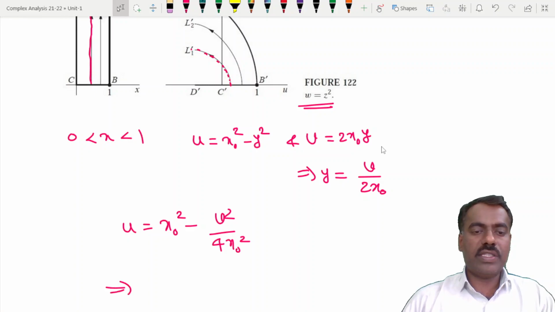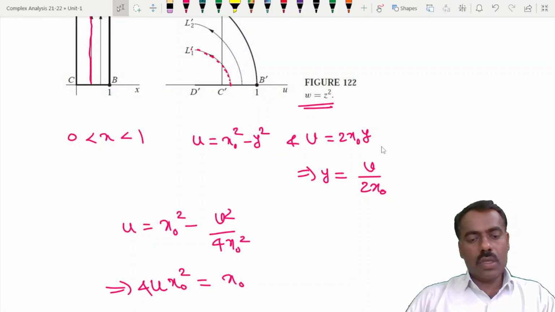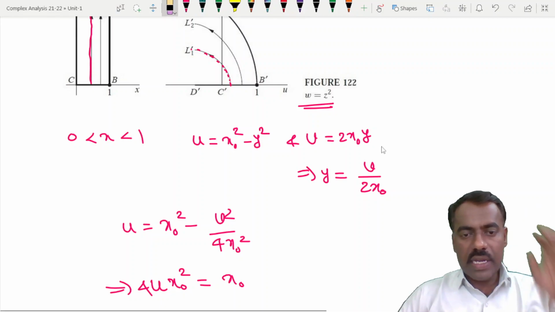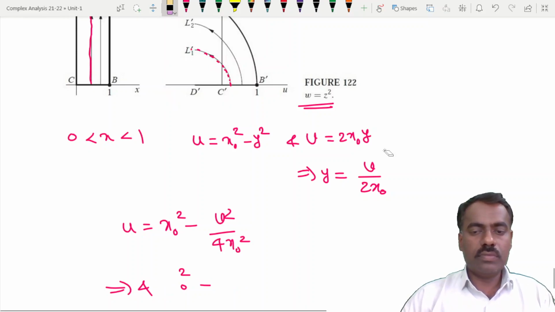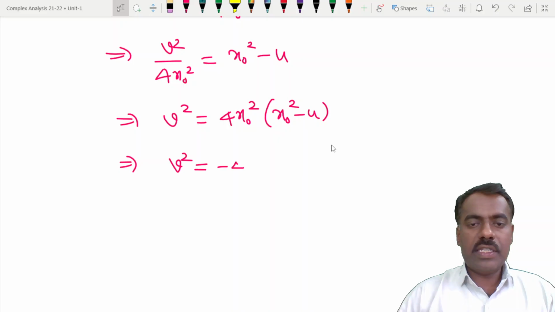Okay, this implies, writing this as v square equal to 4 x naught square times x naught square minus u, that is, v square is equal to minus 4 x naught square into u minus x naught square.